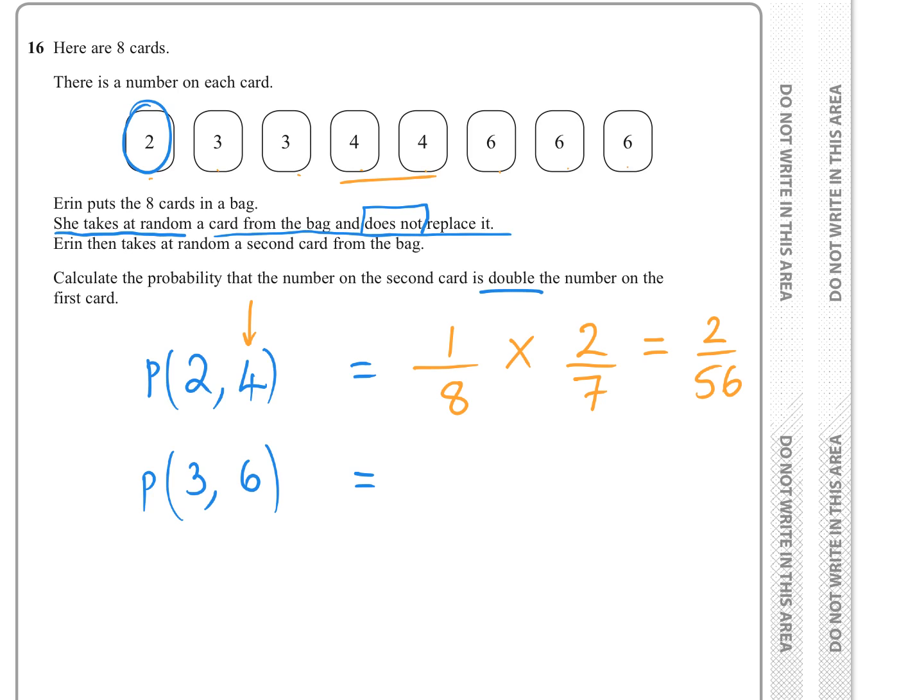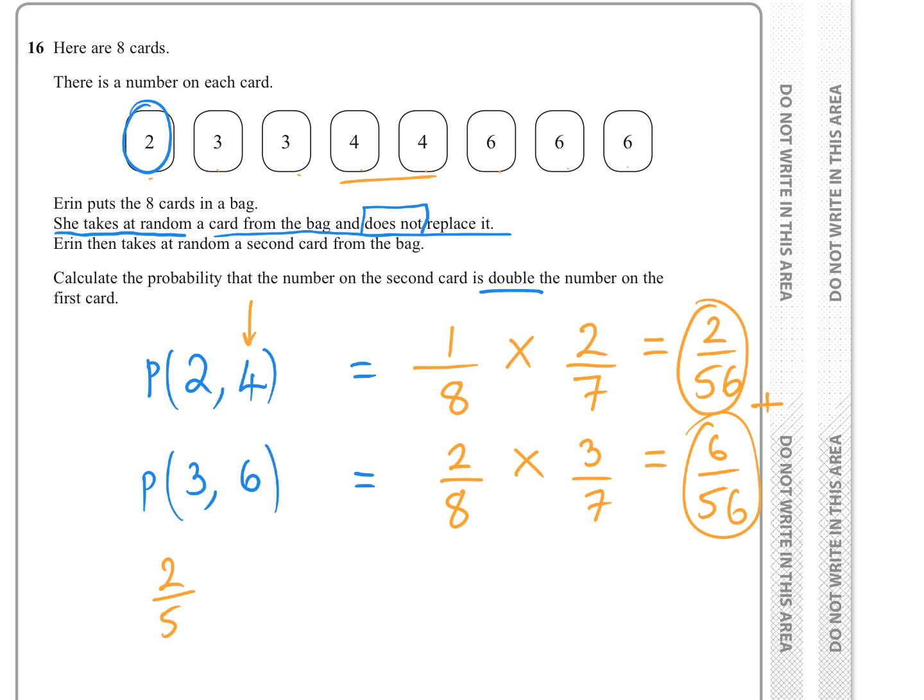Likewise, for the next possibility, the probability of getting a 3, well, that would be 2 choices out of 8, and then for getting a 6, that would be 3 choices out of 7, because 1 is already chosen, and that gives 6 out of 56, and then we pick these 2 together and add them. Just like we do in a probability tree, I just didn't do a tree this time, there wasn't really any need for it.